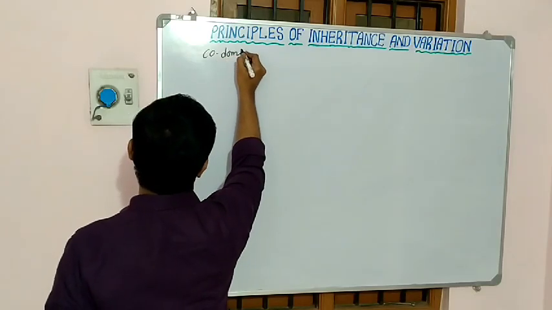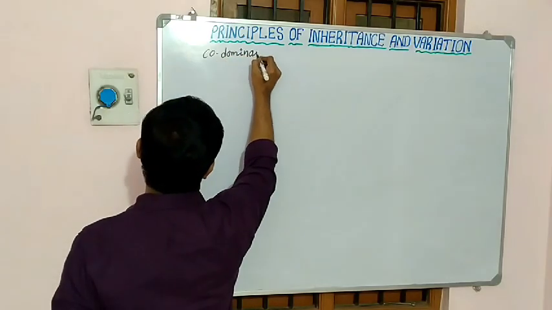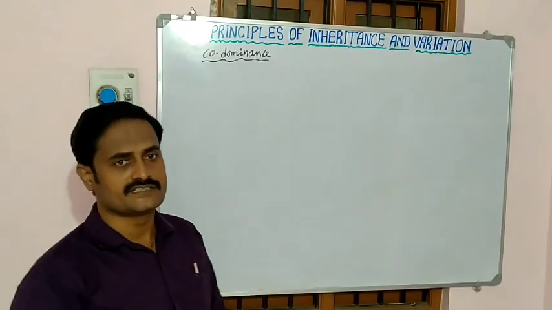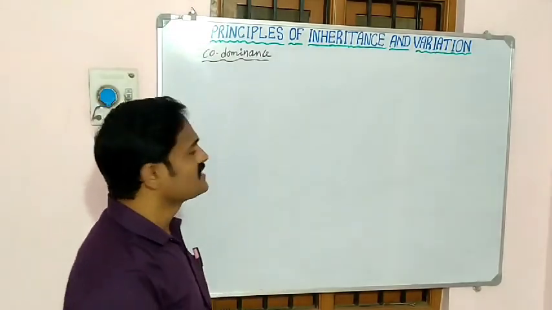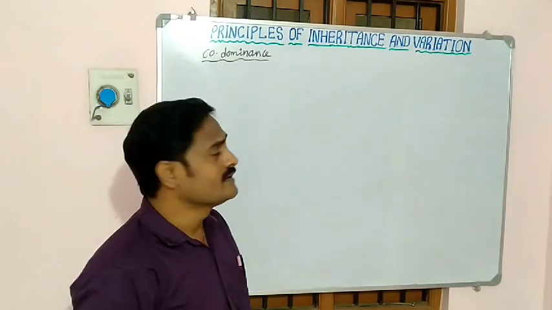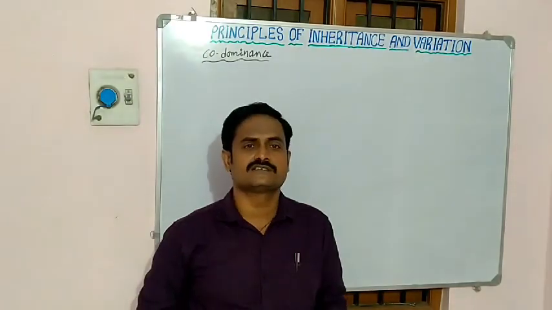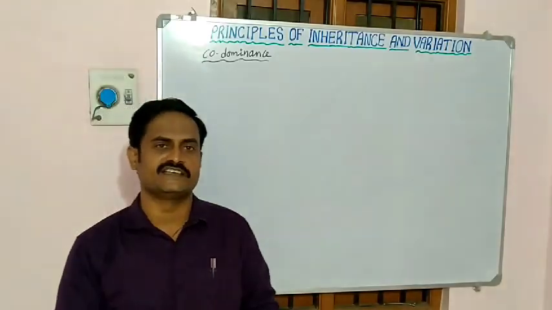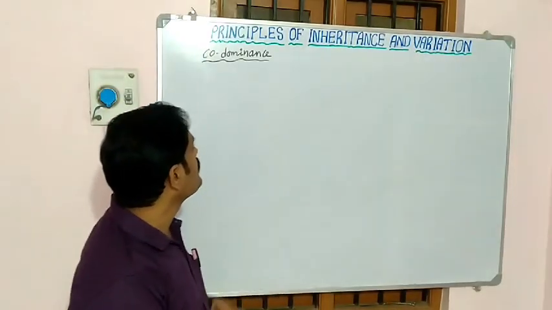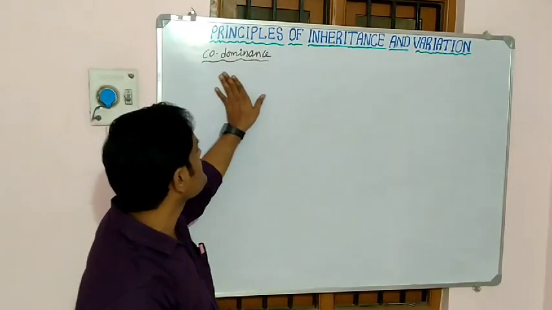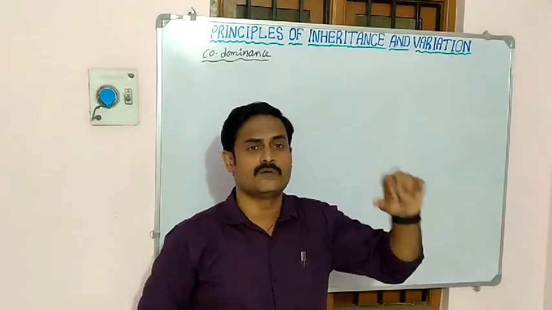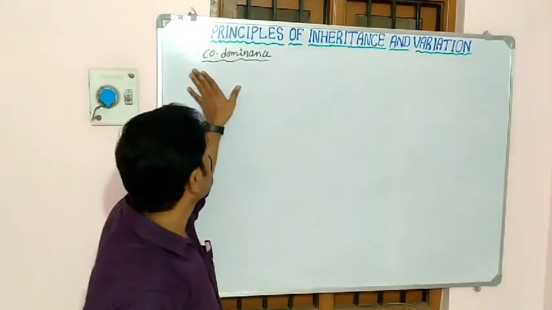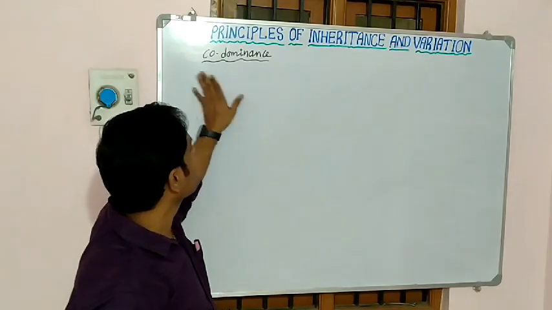Codominance. See, what is codominance? Codominance, it is in this process both alleles are expressed here. So that means both alleles are expressed. That means not only dominant character, not only recessive character. So both are expressed here.